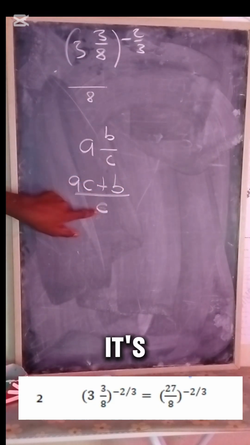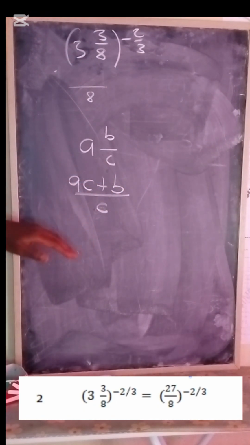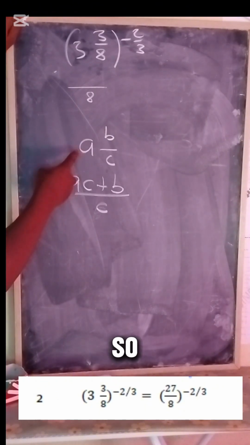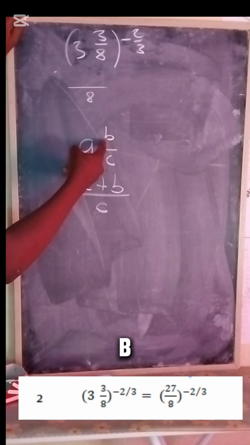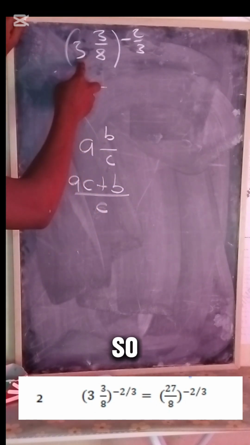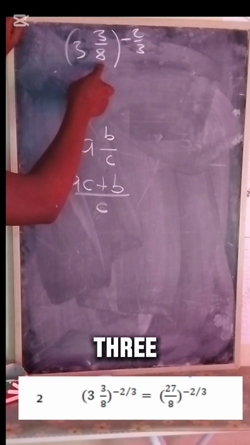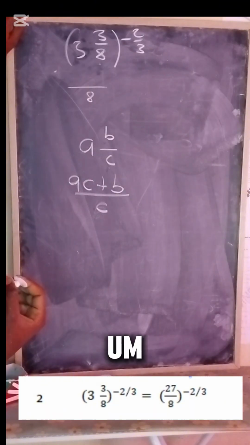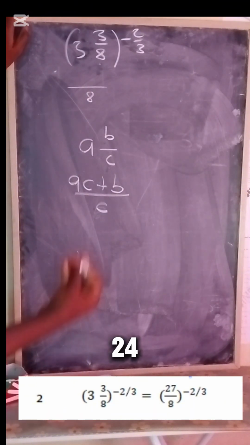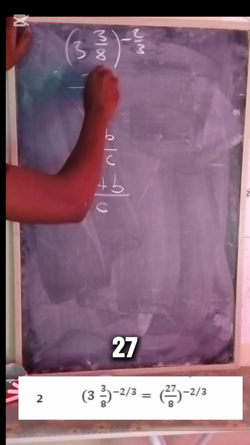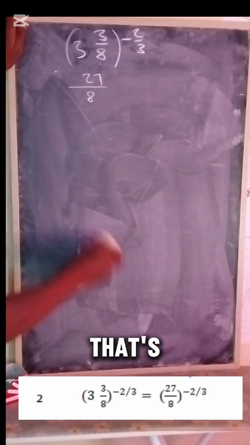This is going to be a times c plus b, over c. Like this, c is always on the denominator. So here it's going to be 3 times 8, which is 8, 16, 24. 24 plus 3, that's 27.